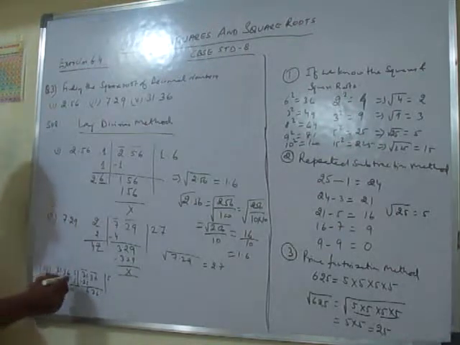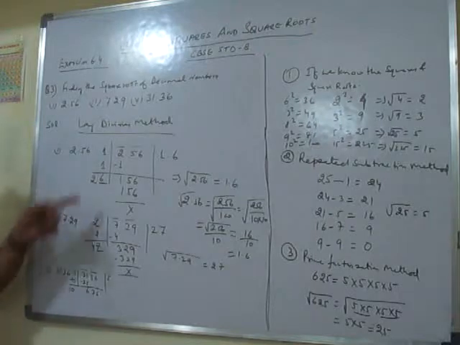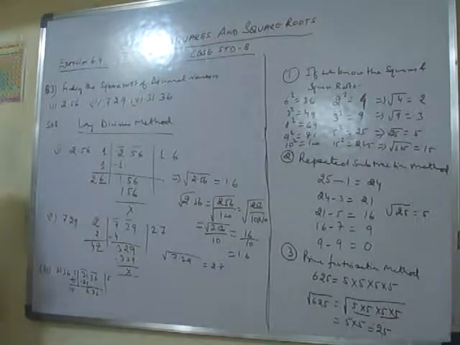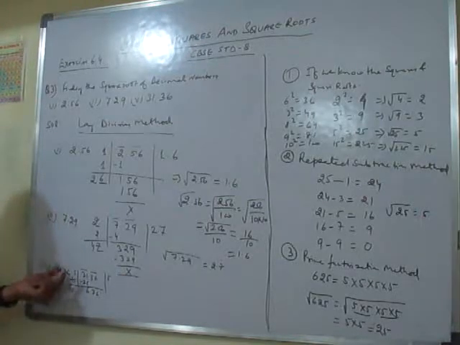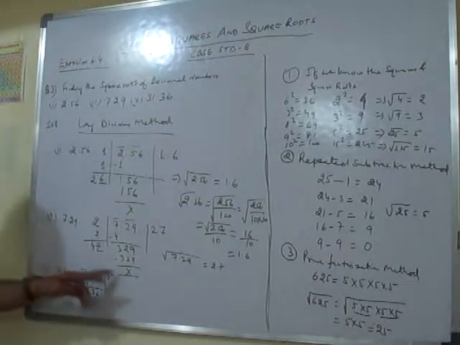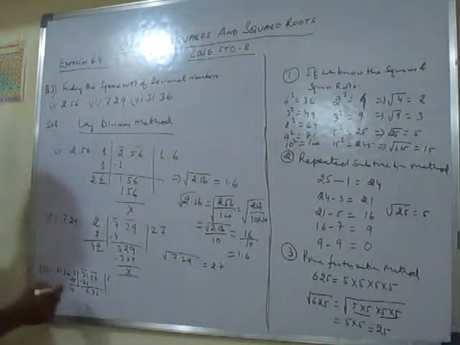Either add or multiply, it doesn't matter, but from the second step onwards we have to compulsorily add. So better keep the practice of adding only. Same thing will get added, 5 and 5. Okay? So now 10 it has become.